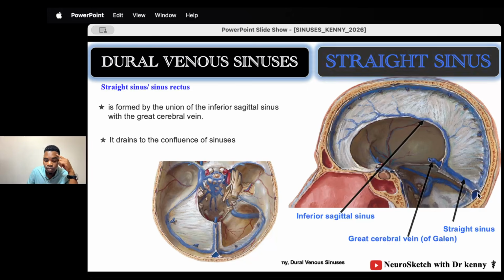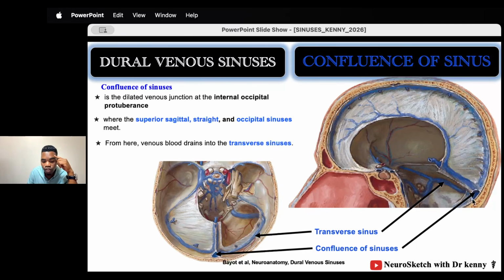So let's now discuss the confluence of sinuses. The confluence of sinuses, this point here, is dilated at the internal occipital protuberance. We've already said the location of the confluence of sinuses, the internal occipital protuberance, but this one receives blood from, number one, the superior sagittal sinus, which drains blood directly to the confluence of sinuses.